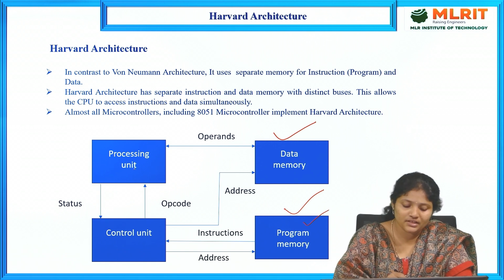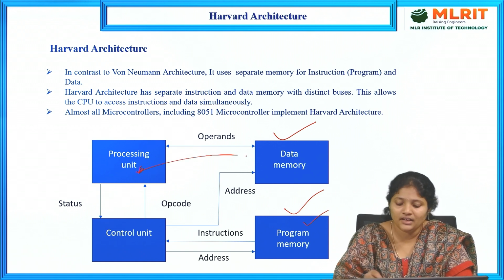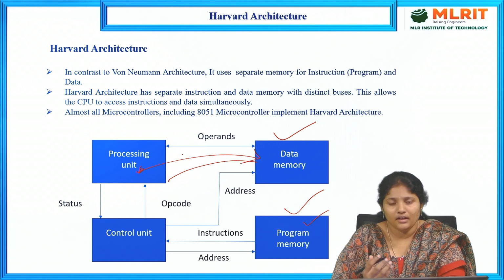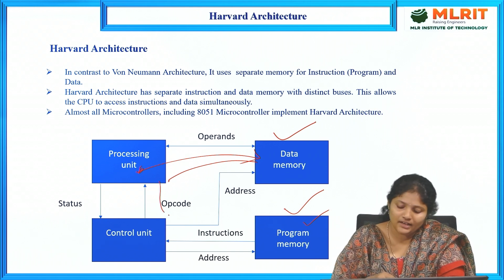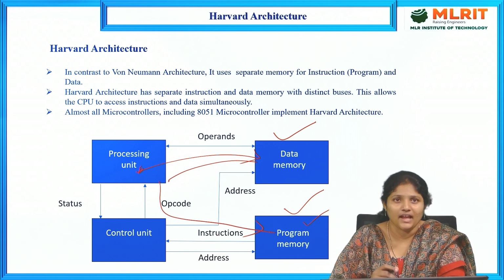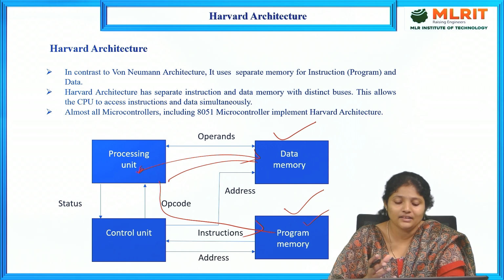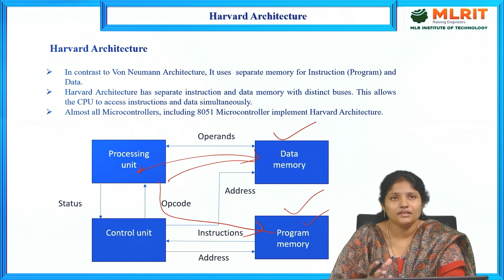If the processor wants to fetch data, it can fetch it from the data memory, and if it wants to execute instructions, it can go directly to the program memory. By using this Harvard architecture, we can overcome the problem of having the same memory.